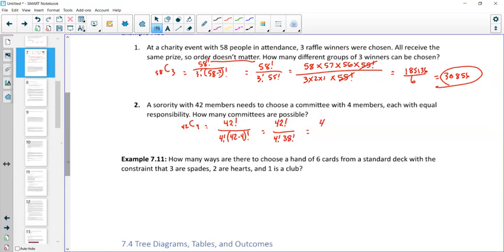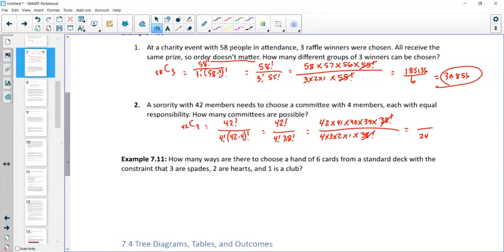We have 42 times 41 times 40 times 39 times 38 factorial over 4 times 3 times 2 times 1 times 38 factorial. 38 factorials cancel each other out. I know this is 24.